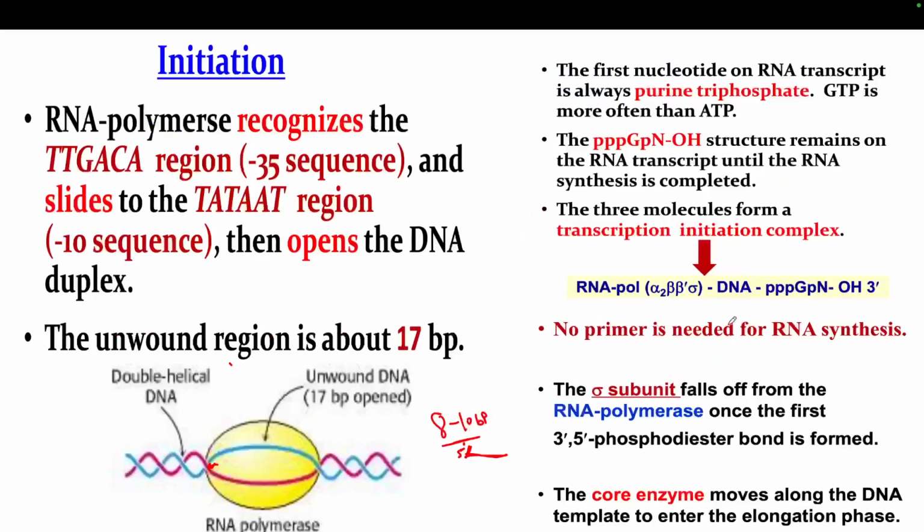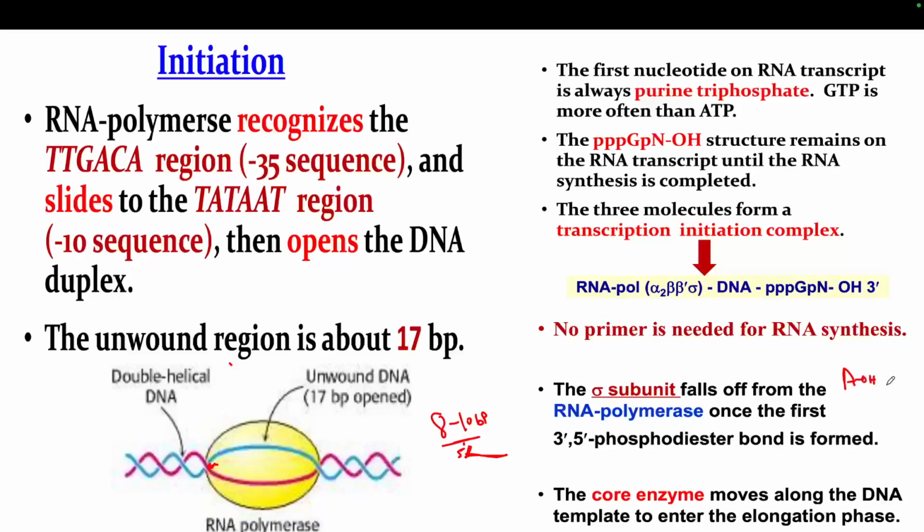Here you can see that there is an OH group. Suppose this is adenosine. It has the OH group which can accommodate phosphodiester bond formation, since that requires an OH group.